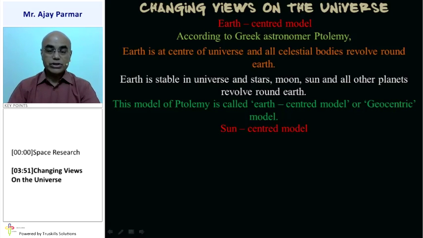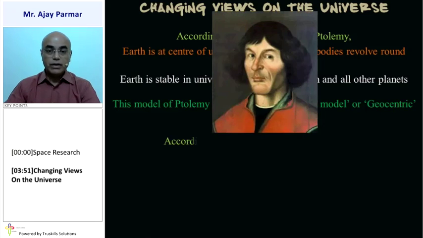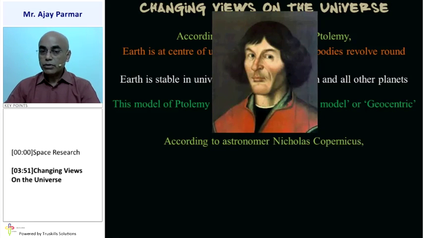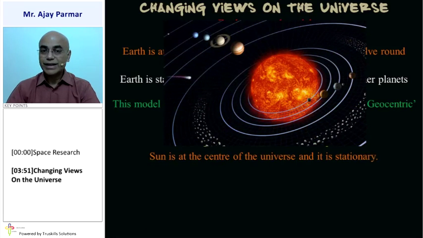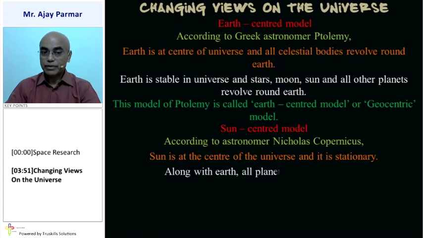Then came the Sun-centered model. According to the astronomer Nicholas Copernicus, the Sun is in the center of the universe and it is stationary. Now we know that the Sun is not stationary, which we shall discuss a little later, but according to Copernicus, the Sun is in the center of the universe and it is stationary.